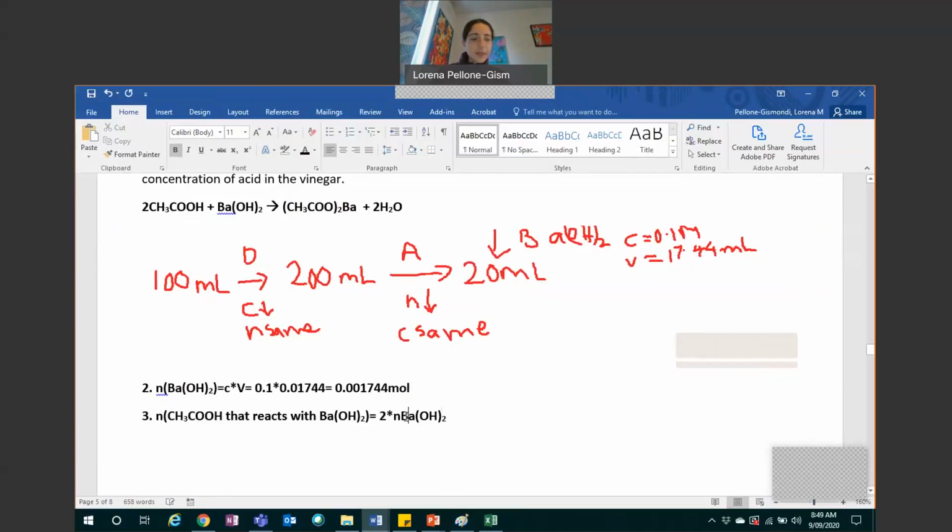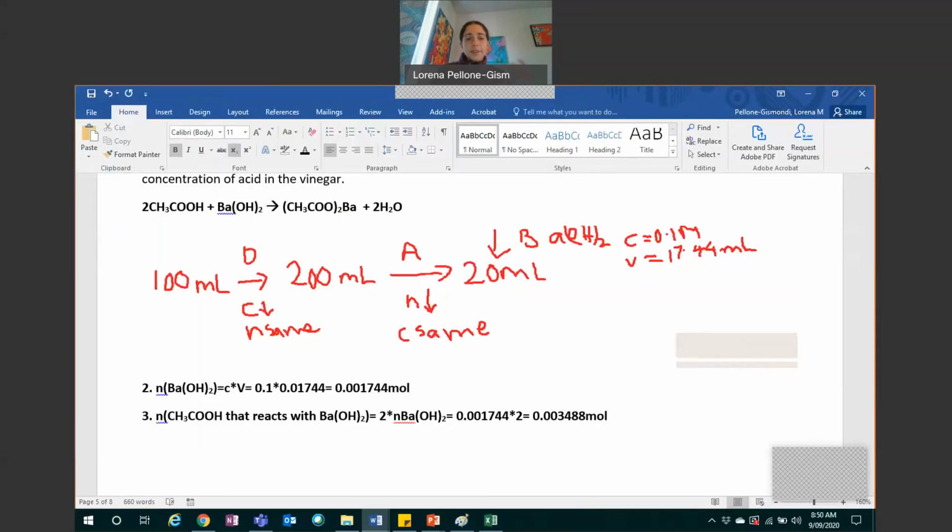And that will be 0.001744 by 2 equals, I should probably write out the whole thing, 0.003488.